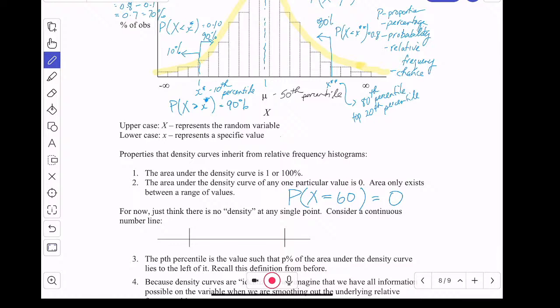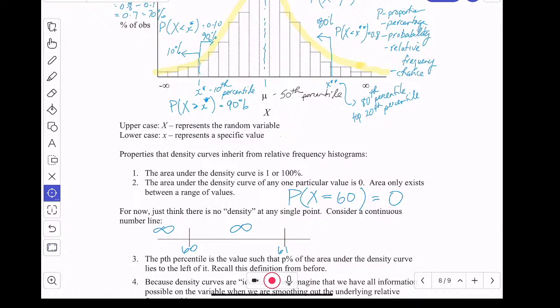And that's because there are infinitely many numbers in between any points on a continuous number line. So the chance of it being just exactly 1 is infinitely unlikely. So we just say it's 0.